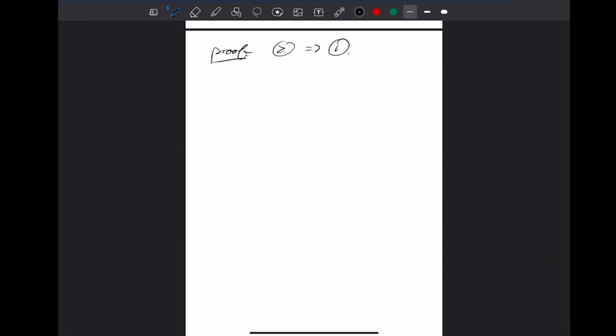So when you're starting out, it's always a good idea to write out the definition of your assumptions and the exact statement that you have to prove.